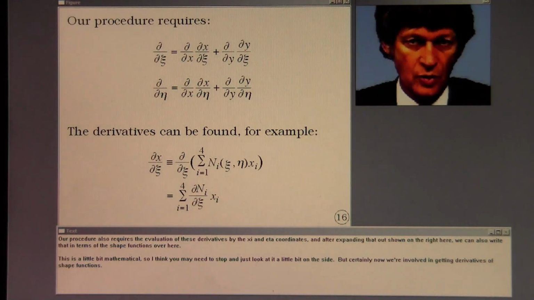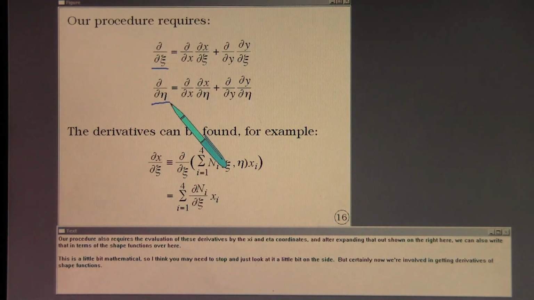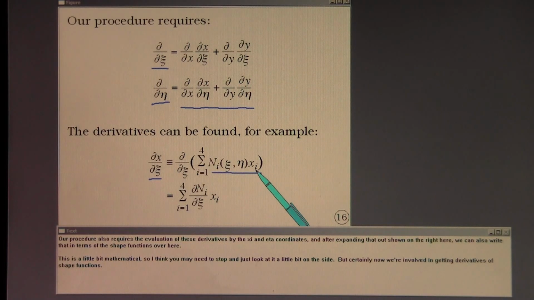Our procedure also requires the evaluation of these derivatives by the xi and eta coordinates. And after expanding that out, shown on the right here, we can also write that in terms of the shape functions over here. This is a little bit mathematical, so I think you may need to stop and just look at it a little bit on the side.